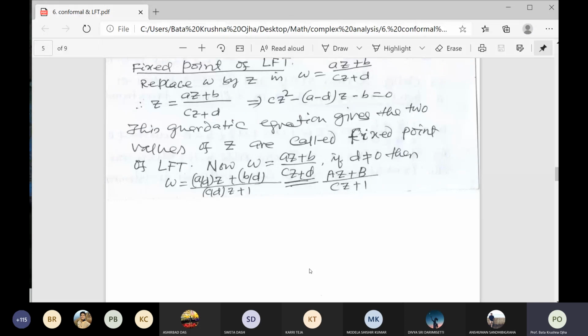If it passes through 2 points, or if any two conditions are given, then you can find the arbitrary constants. Here, since there are 3 arbitrary constants, they can be determined if 3 points of the Z plane map to 3 points of the W plane. Do you understand my point?